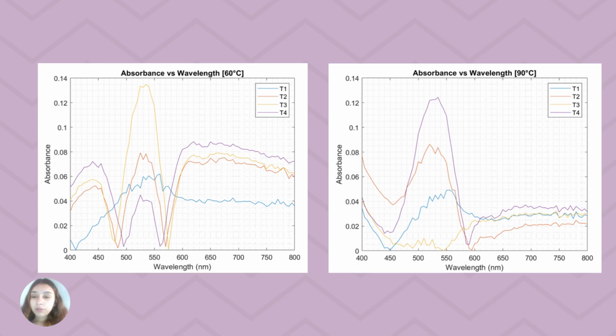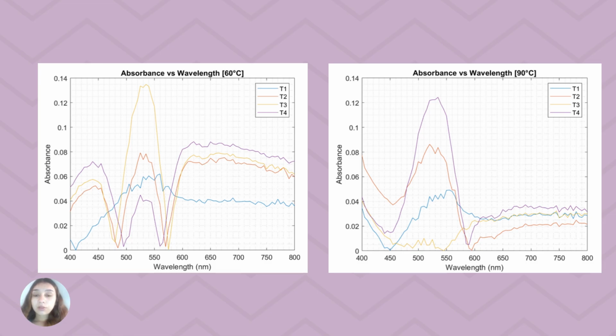Here we can see the graph for absorbance versus wavelength for the temperatures of 60 Celsius degrees and 90 Celsius degrees. For the temperature of 60 Celsius degrees, we can see that for the times of 1 minute, 2 minutes, and 3 minutes, the maximum absorbance was between 500 and 550 wavelength, and for the time of 4 minutes was between 600 and 650 wavelength.